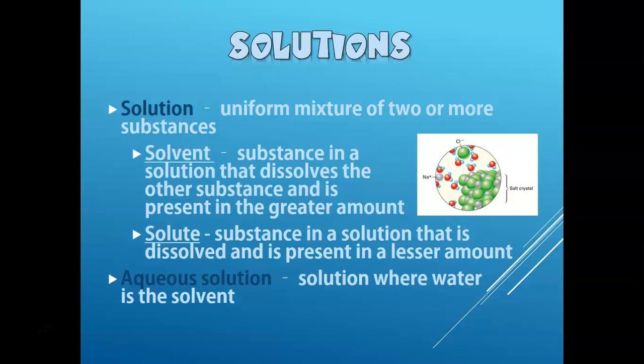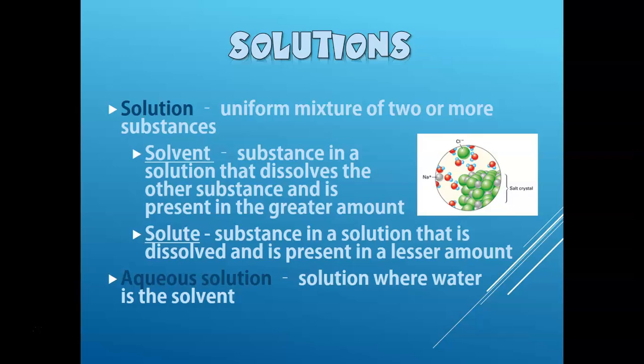We're going to focus mostly on the solutions because when we talk water, water is sort of the quintessential solution maker. So a solution in and of itself, right, is a uniform mixture of two or more substances, a homogeneous mixture.